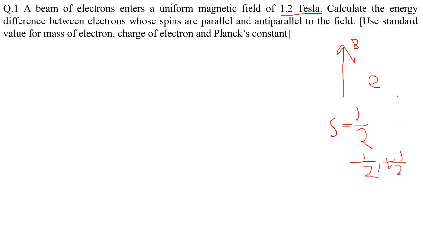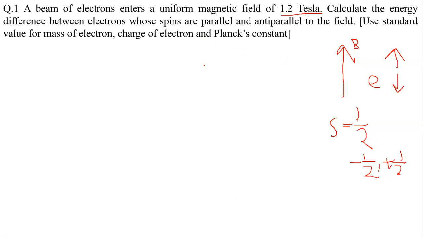Plus half is parallel to the magnetic field, and minus half is anti-parallel to the magnetic field. So here we will see, if the spin of the electron is different in the same magnetic field, then what will be their energy difference, because due to the interaction between the magnetic field and the electron spin magnetic moment, there will be a change of the energy of the electron.